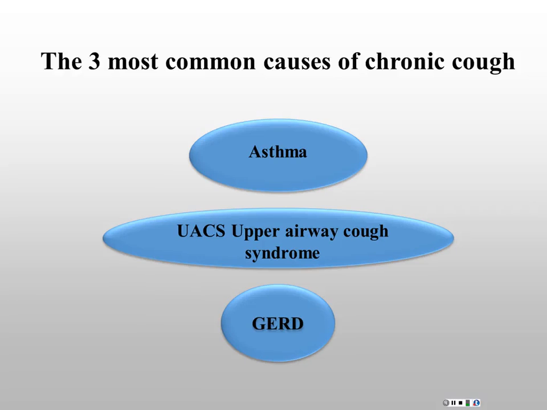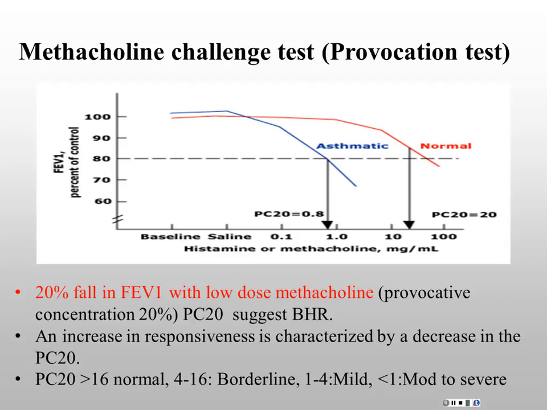It's called cough variant asthma, and this can be difficult to diagnose sometimes, and you may need to do a methacholine challenge test. In the methacholine challenge test, you give the patient multiple inhalations of escalating doses of methacholine, and you measure your FEV1 after each inhalation and see at what dose your FEV1 drops by 20%.